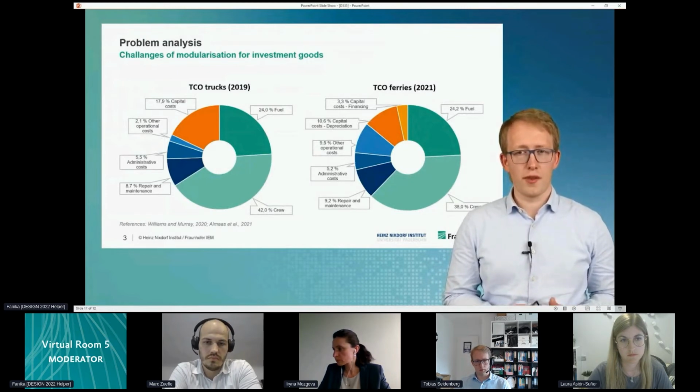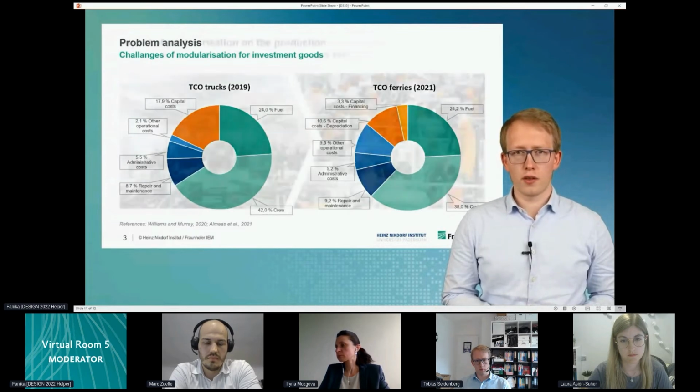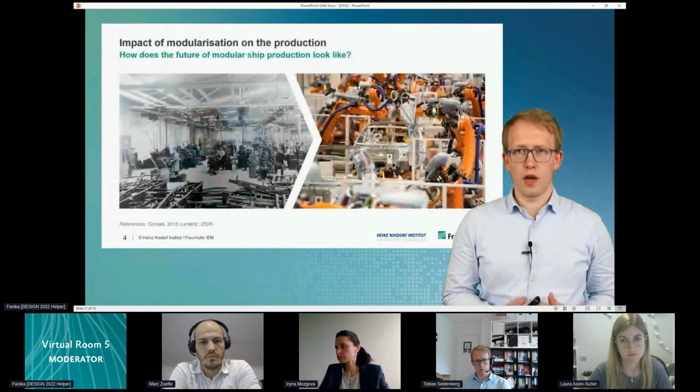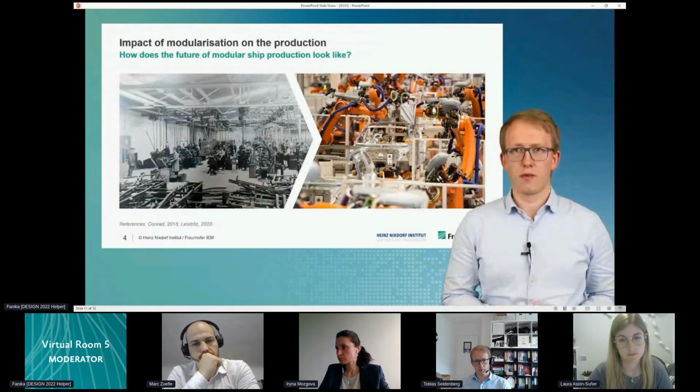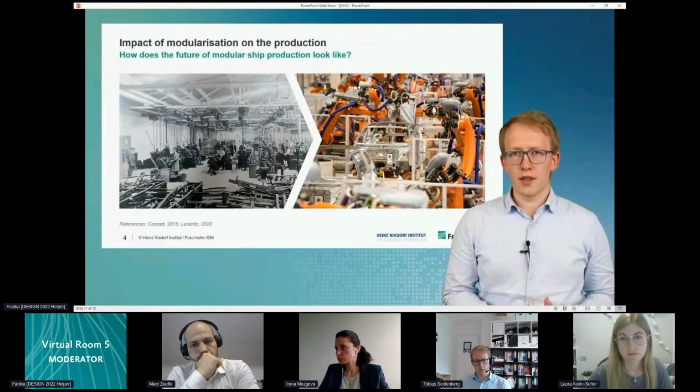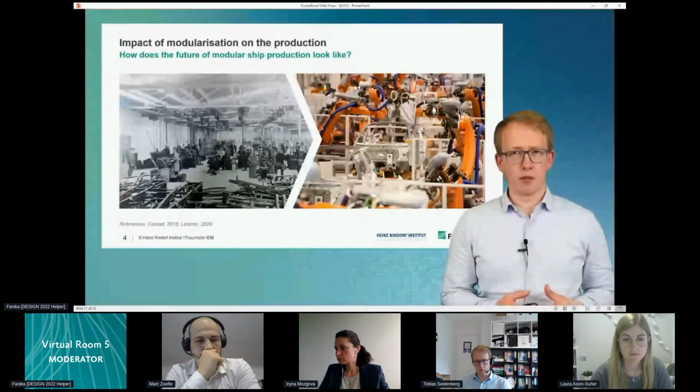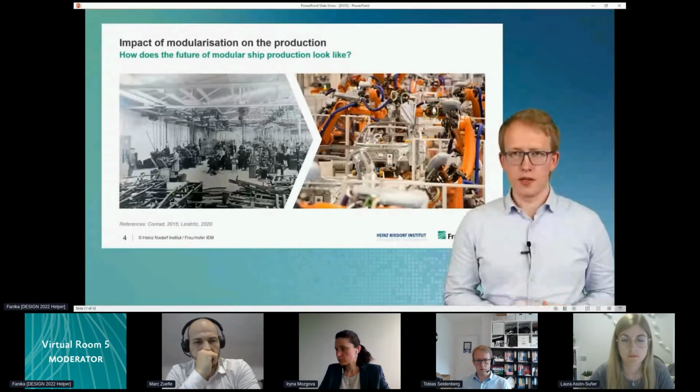This has been done for other industries as well, and we want to design a production network based on the findings of other industries. Therefore, we're looking into, for example, the automotive industry or the aviation industry to not start with a blank paper. We are asking ourselves, how did the modularization of the product in those industries change the according production network?